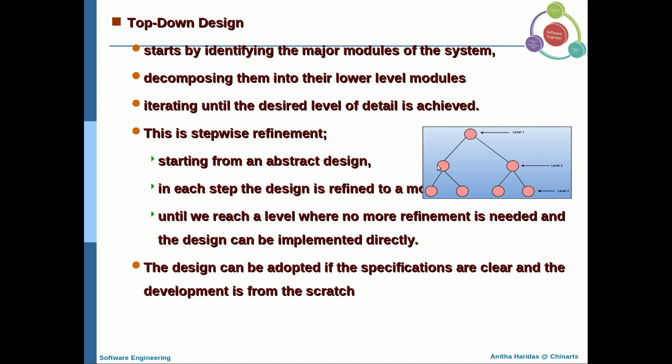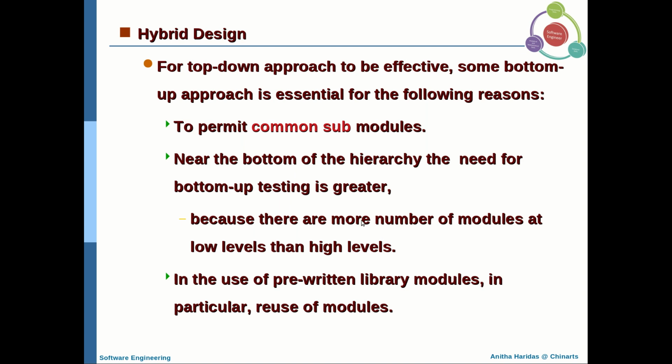This module, let me call it A, and this module, let me call it B. Both A and B are going to have a common submodule, which is this one, right? So in that case, you can go for a hybrid design. So whenever you want to permit some common submodules, you can go for the hybrid design.